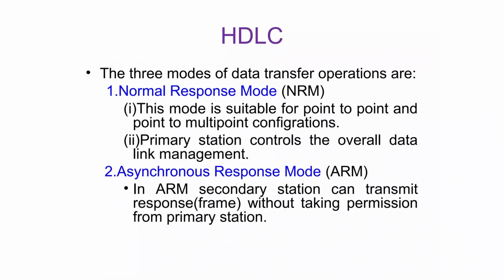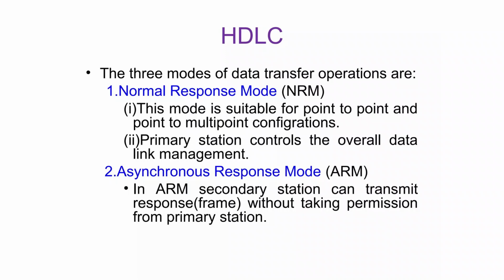Coming to the three modes of transfer, first the normal response mode. Here it is used for both point-to-point as well as multi-point configurations. The primary station controls the overall management and everything. The secondary will only respond. If you go for asynchronous response mode, in short ARM, the secondary station can transmit a response without taking permission from the primary station.